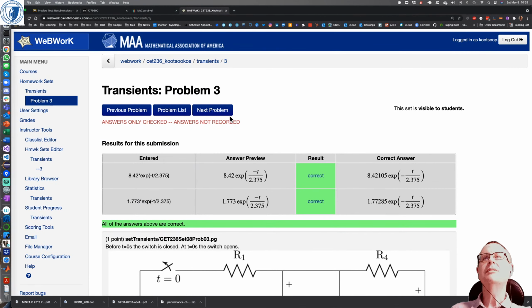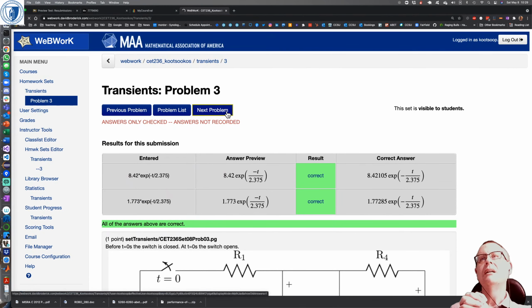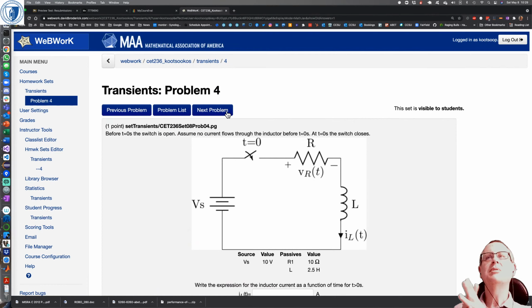So let's go. I'm just going to click next problem. Let's have a look at problem 4 first. Before t equals 0 seconds, the switch is open. Assume no current flows through the inductor before time t equals 0.